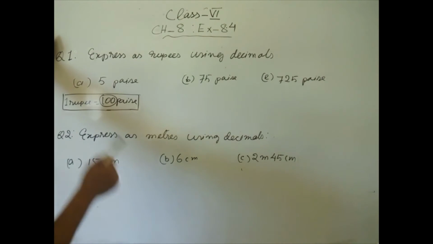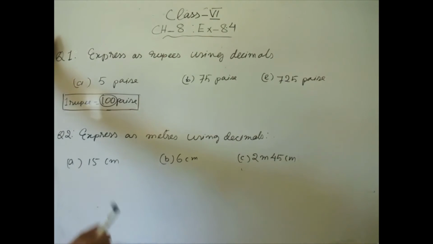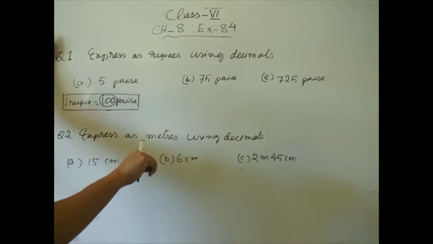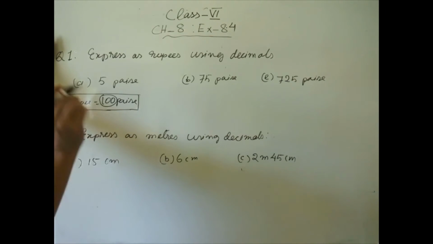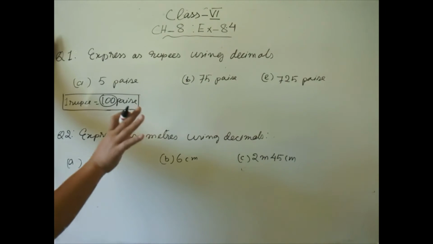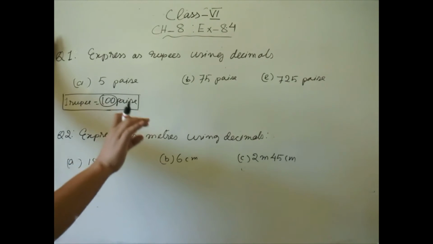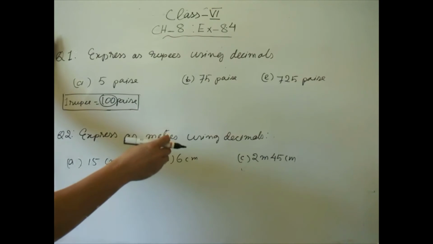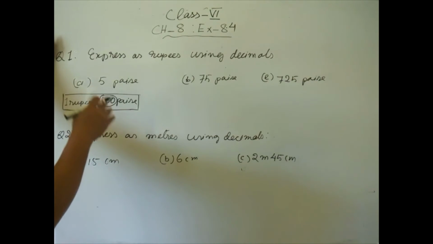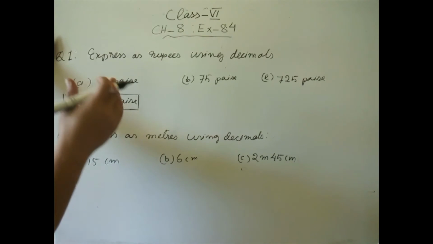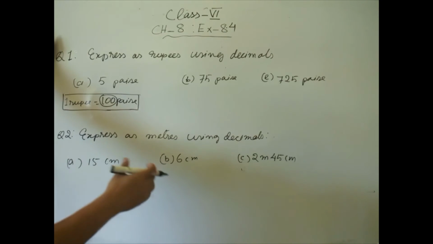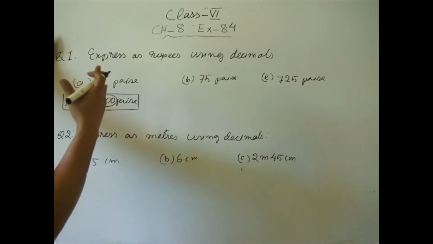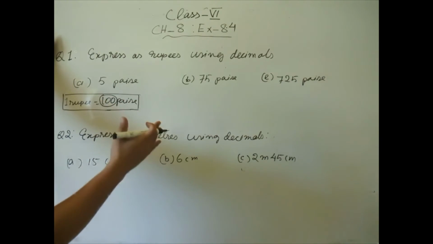So what we are going to do is convert paise into rupees, the smaller unit to the bigger unit. Paise is smaller, so paise is going to convert into rupees, the bigger unit. Now we divide the given number by 100.